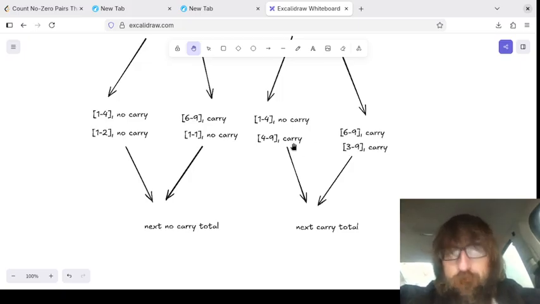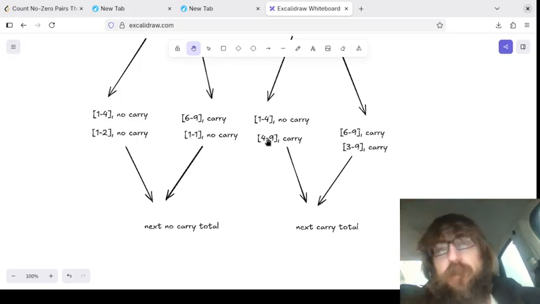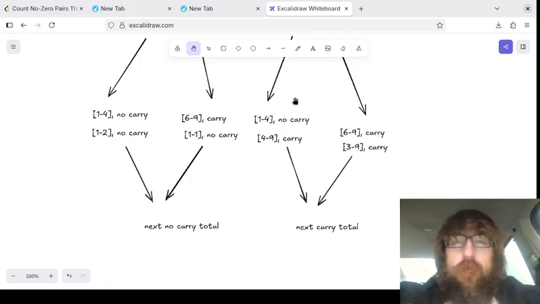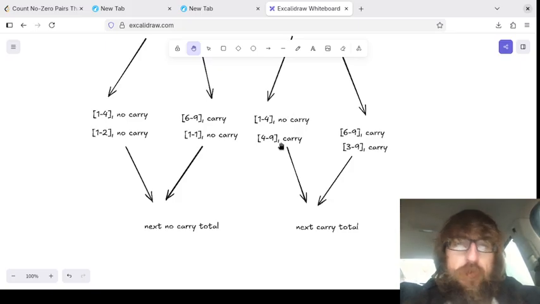And over here, you're going to have 4 times 9 minus 4 plus 1, which is 6. So 4 times 6 is 24. 24 ways this could happen, plus the 9 minus 6 plus 1 is 4 times 9 minus 3 plus 1, which is 7, which is 28. So it's going to be the 28 plus, what did I say this was?